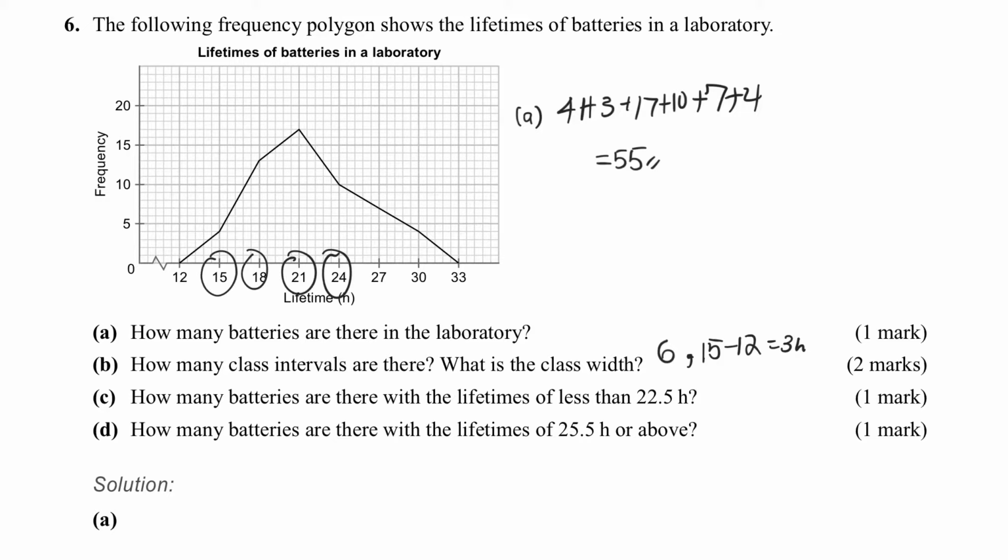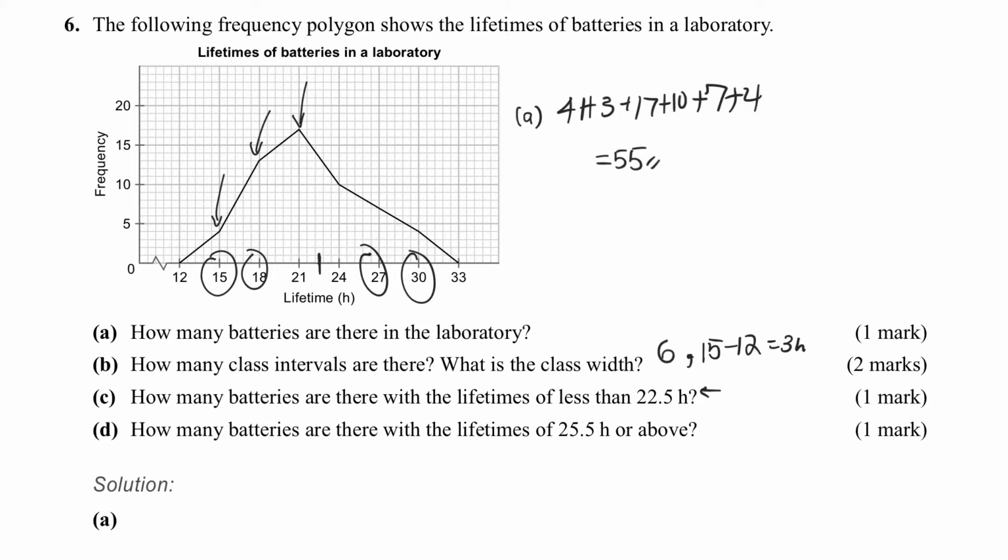First, you should know what concerns you. And then, how many batteries are there with lifetimes less than 22.5? This one actually will be the point here. So now if you can see it, that means we only look for the values 4 plus 13 plus 17.